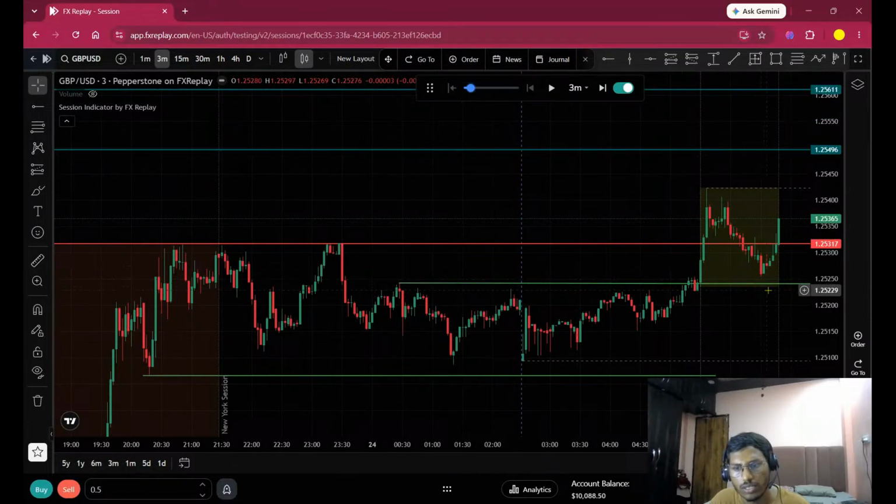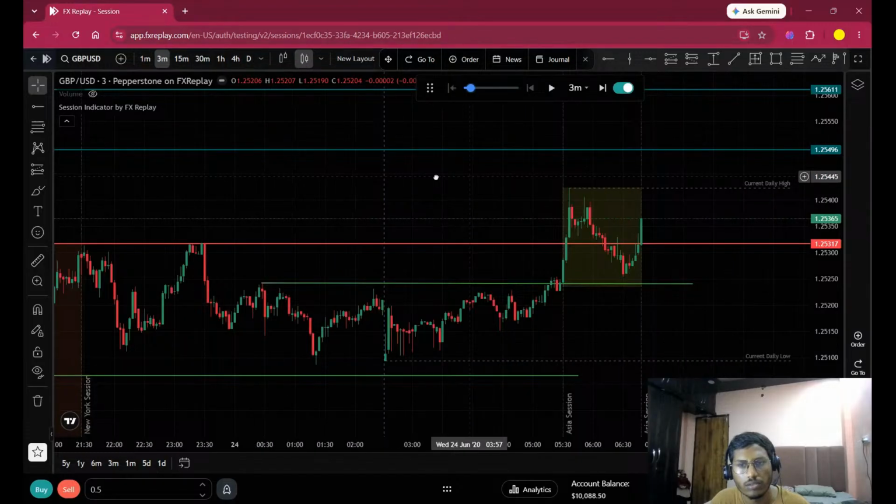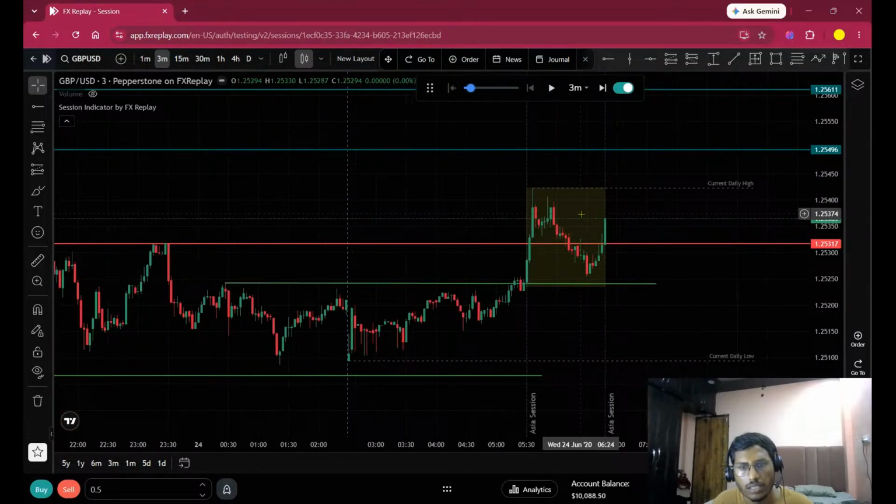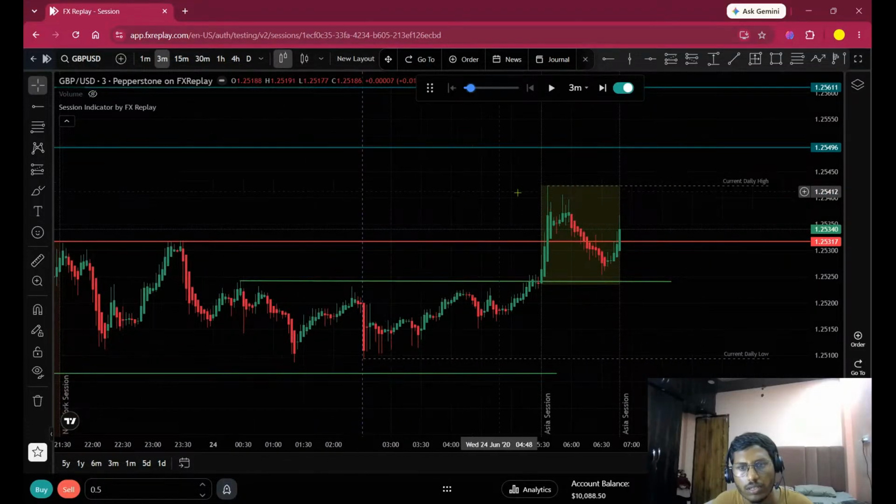Now we are in Asia timing and it is 6:51 Asia. Mainly I don't take a trade, but this is my setup, so I will go for the buying side. This is a 10k account, on this demo account.